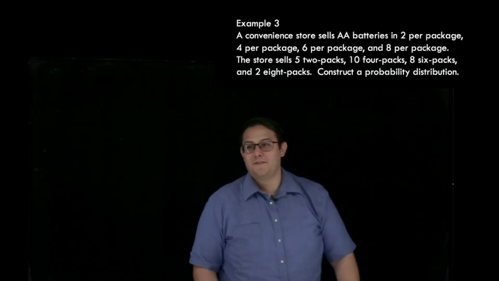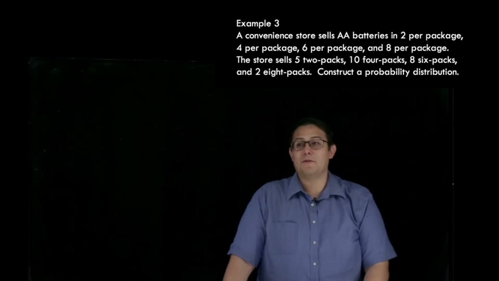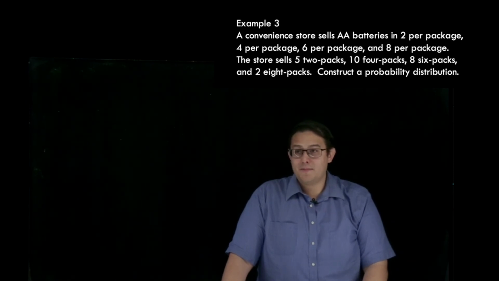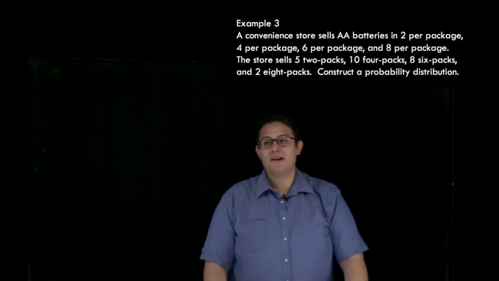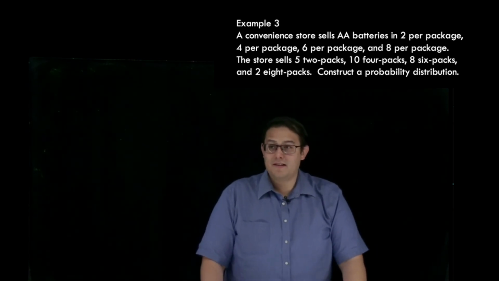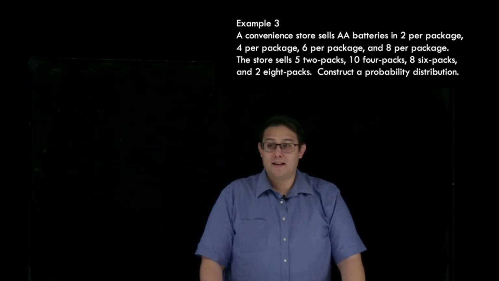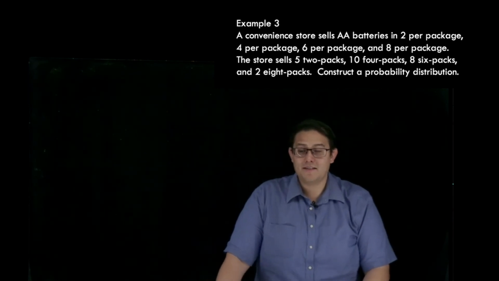All right, so example 3 is a relatively hard example. A convenience store sells AA batteries, and it sells them in a 2-pack, a 4-pack, a 6-pack, and an 8-pack. So in one day, the store sells 5 2-packs, 10 4-packs, 8 6-packs, and 2 8-packs. And we need to construct a probability distribution.